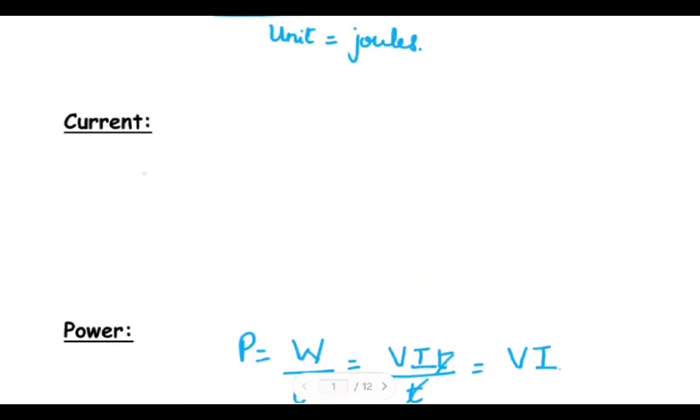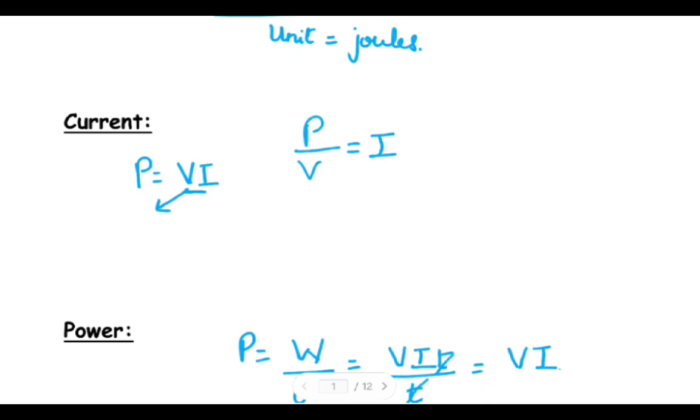Okay. Now let's derive this. We just saw power is equal to V into I. Okay, if I take V on the LHS, it will go in the denominator, it will divide and I will get my current.